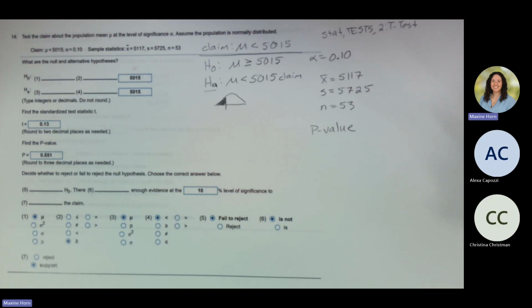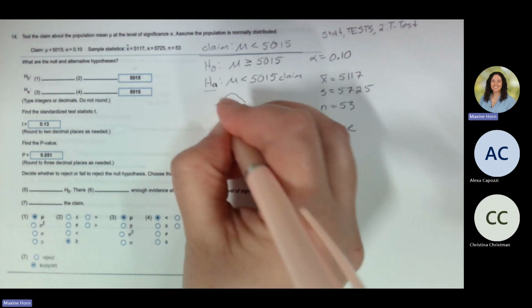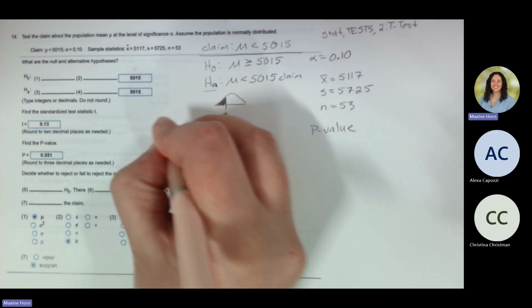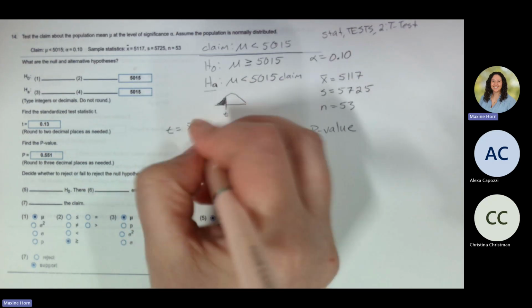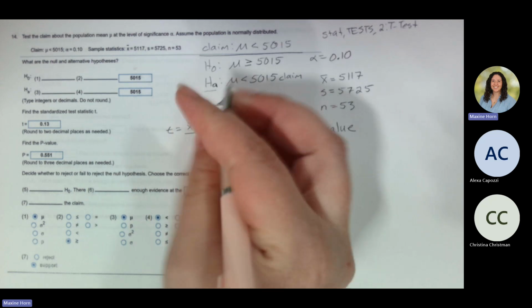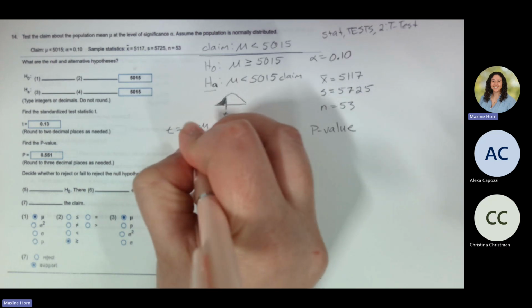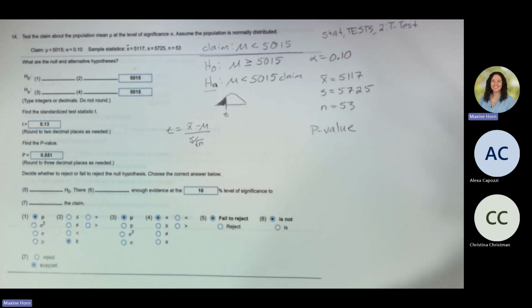So this is going to be in 7.3 because 7.3 is when you don't know the mean. Here we go. So it's very similar. It is your sample mean minus your population mean all over your sample standard deviation over the square root of n, right?